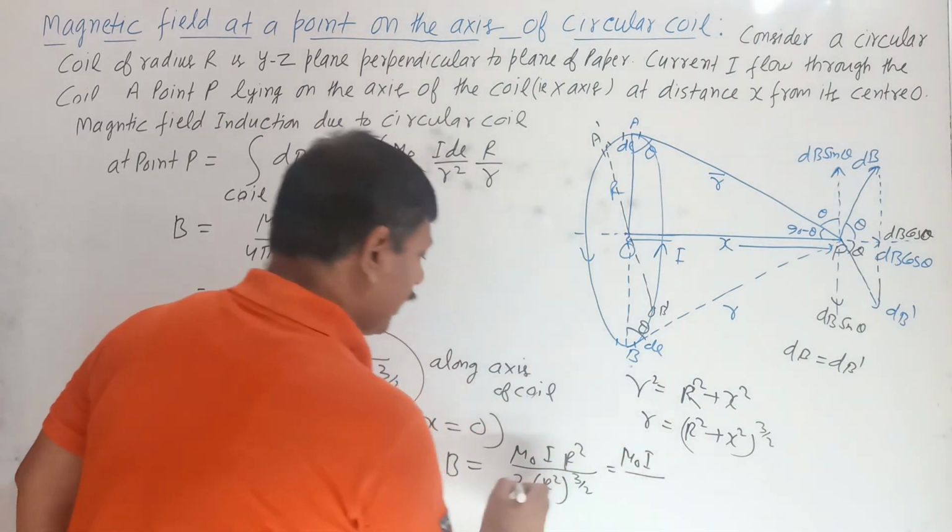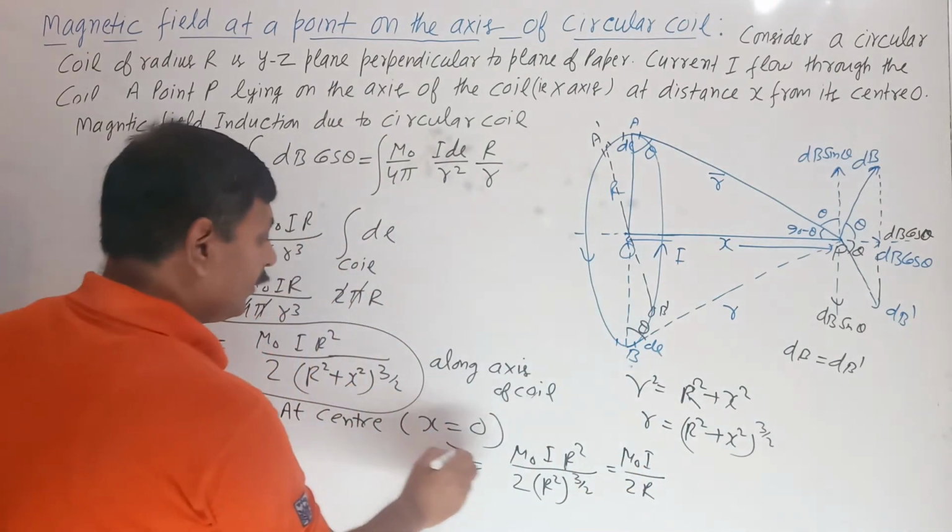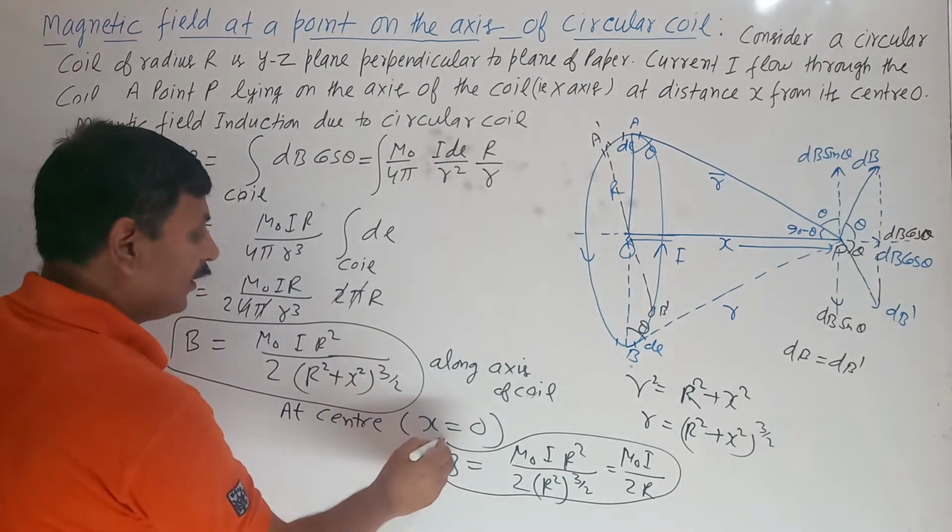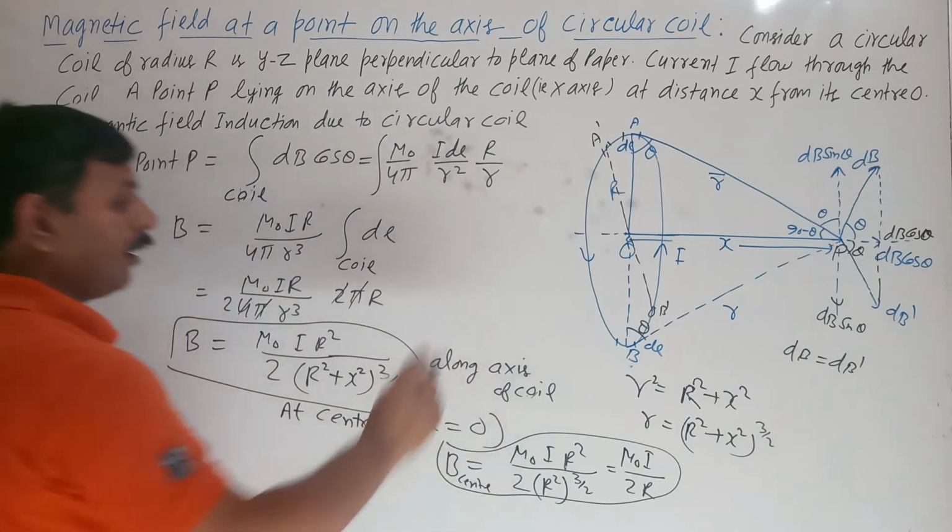That is mu naught I upon 2r. That will be the magnetic field intensity at the center of the coil.